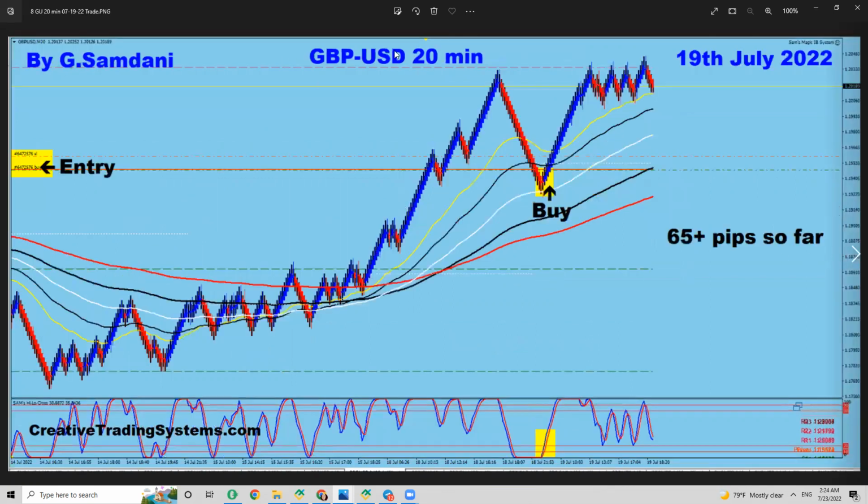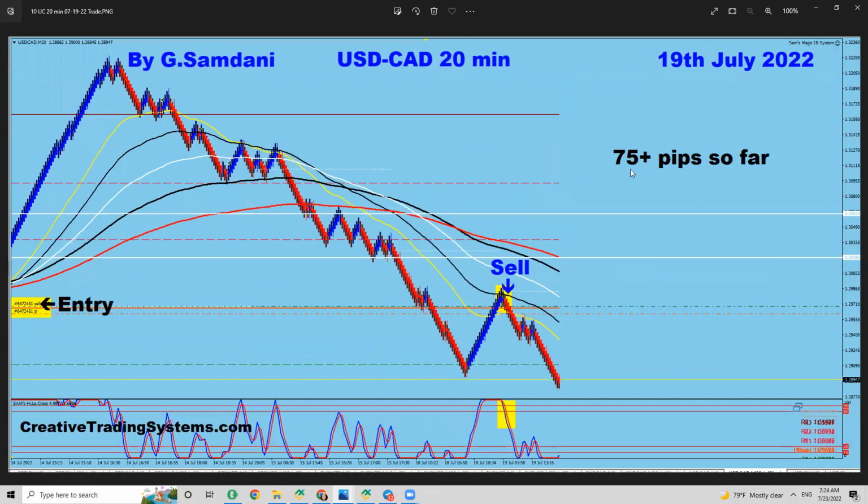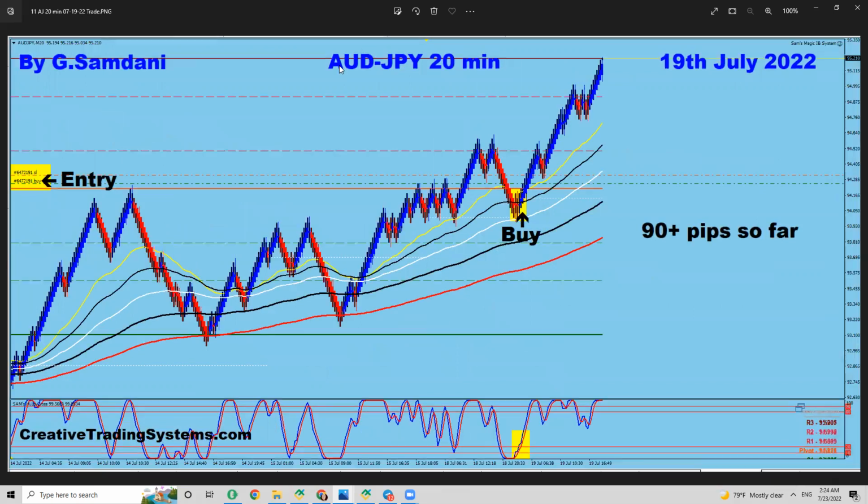Now here, this was pound USD, 65 pip long side. On the 19th, also 55 pip for pound CAD buy order here, and this one on the 19th, 75 pip to the downside, USD-CAD. This is Aussie yen on the 19th, buy order here from the 20-minute chart, for 90 pip.